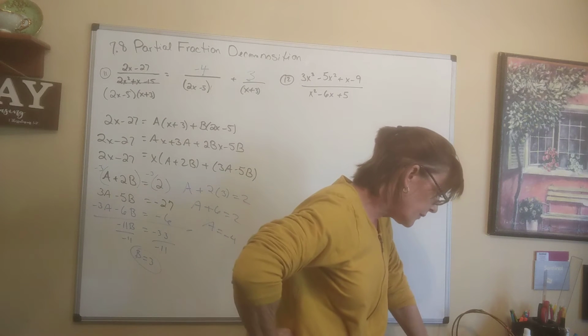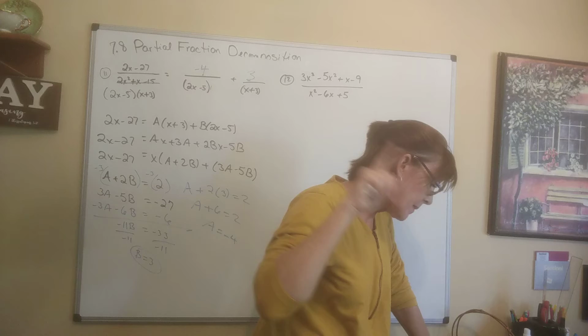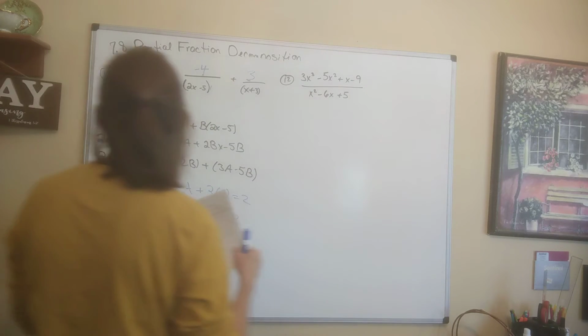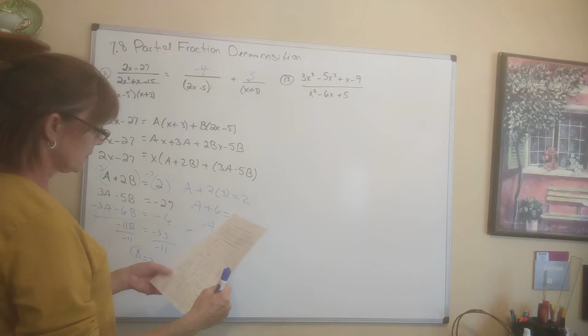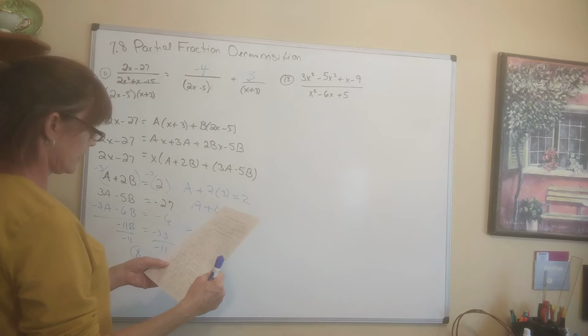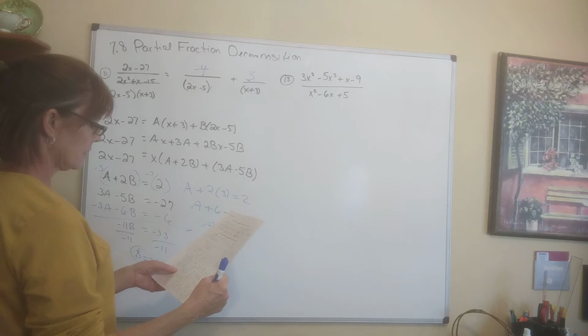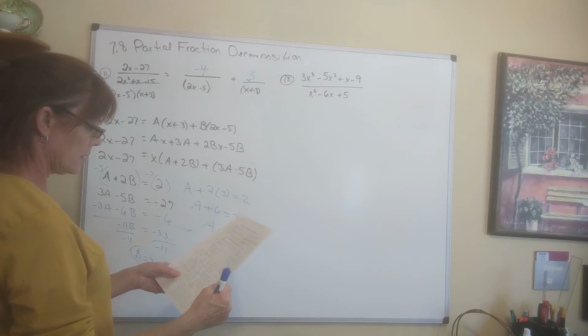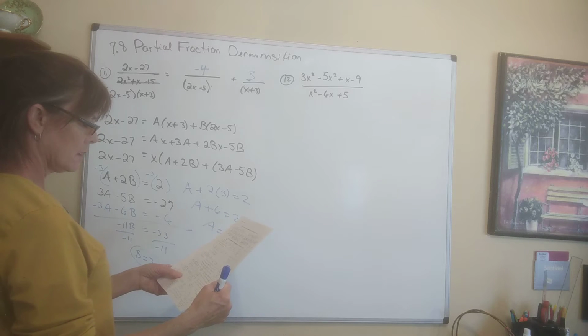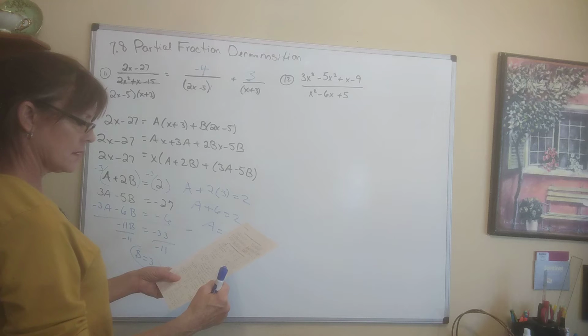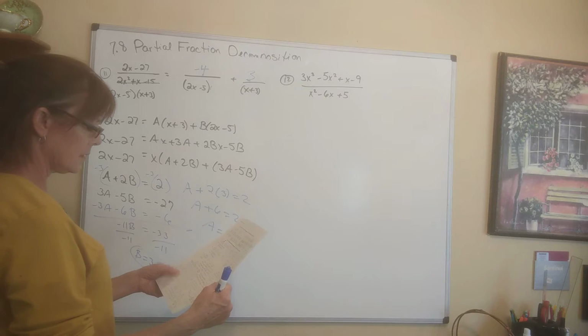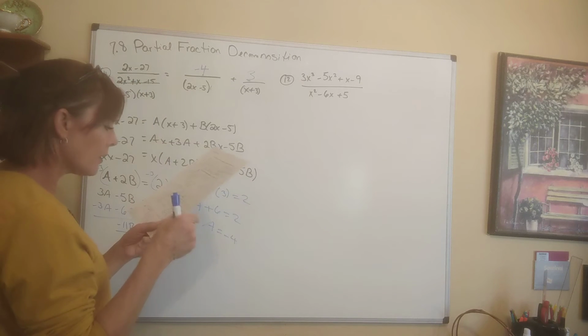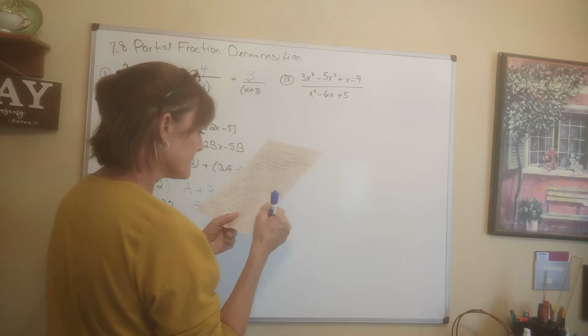Gosh, I got something different. What is happening? Let me check my math. 2x minus 27. 2x minus 5, x plus 3. A, B. What did I do wrong here? Just a second.